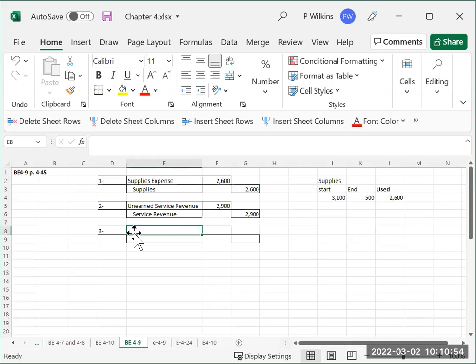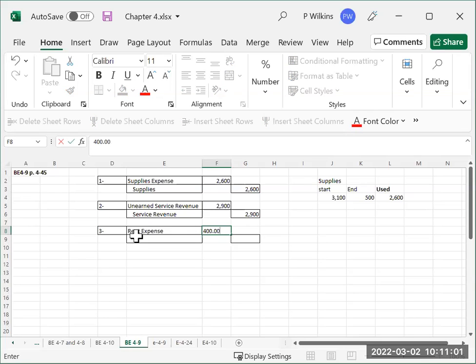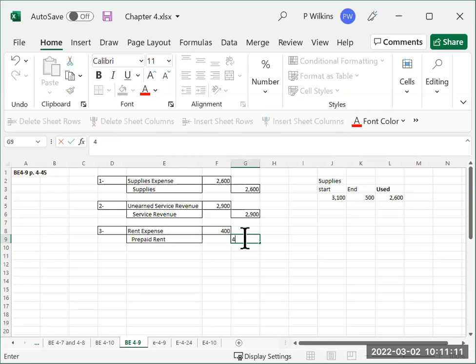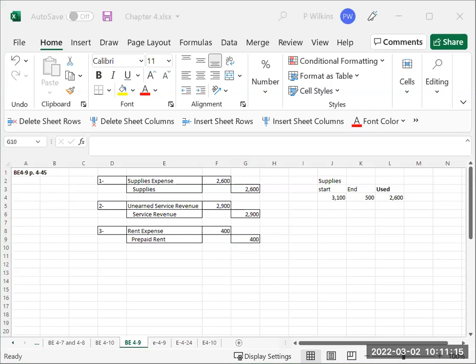So what you're going to do is you're going to debit rent expense, $400, and you're going to be crediting prepaid rent, the asset, because it's no longer available for you to use that money because you now have used up that money. Okay, so that's BE 49 on page 4.